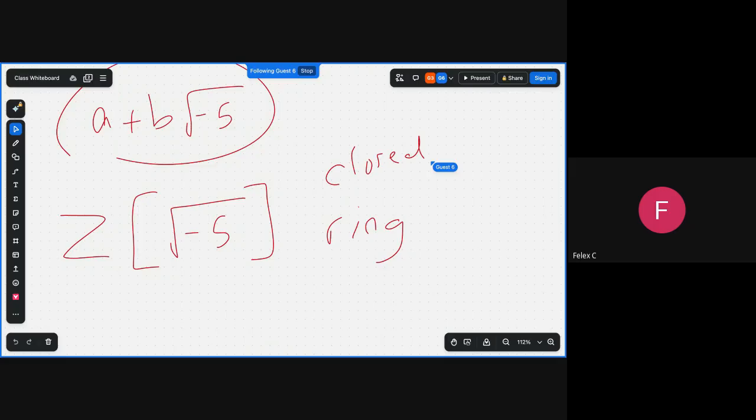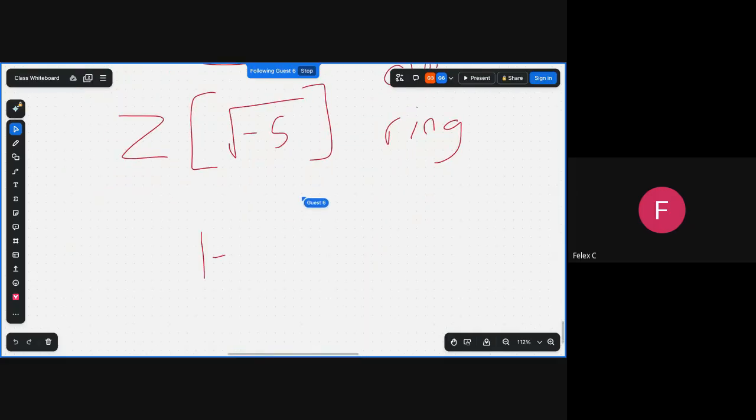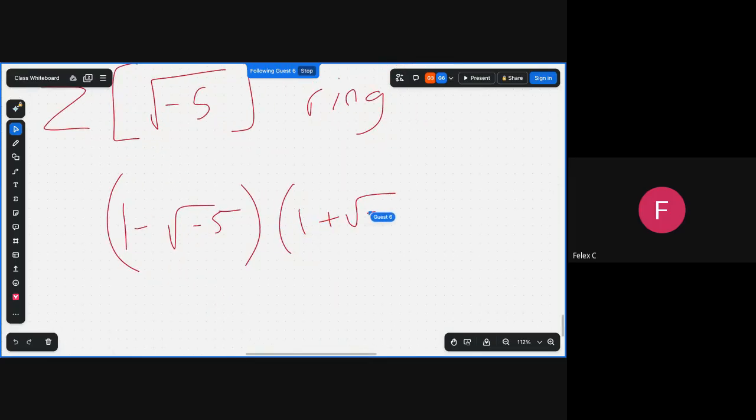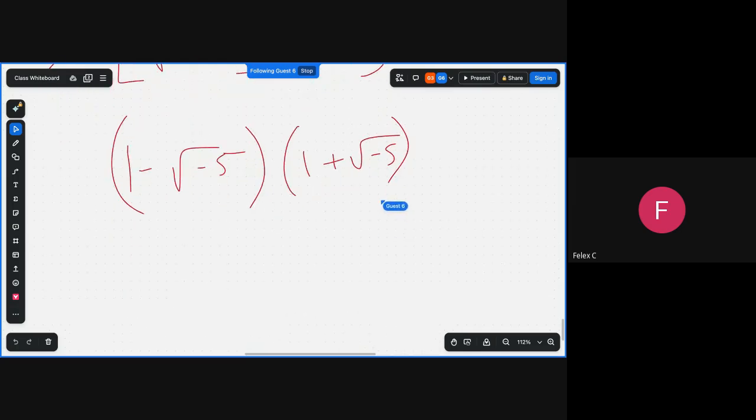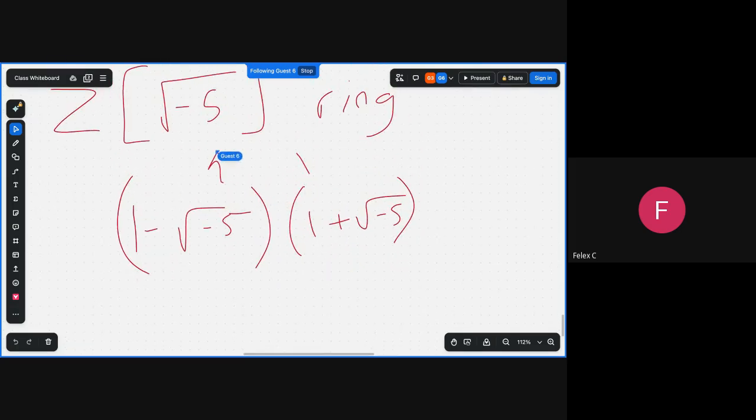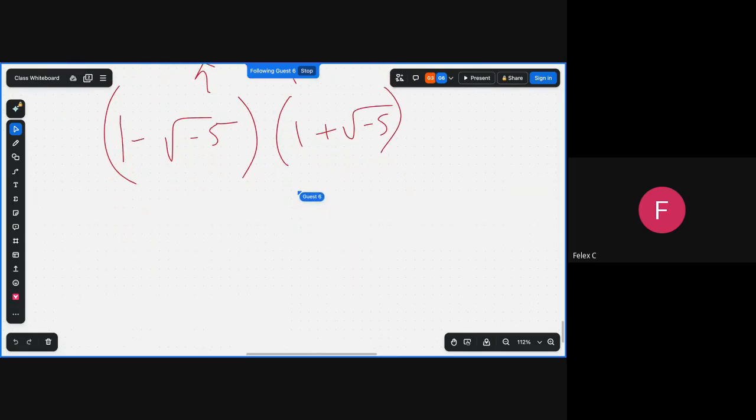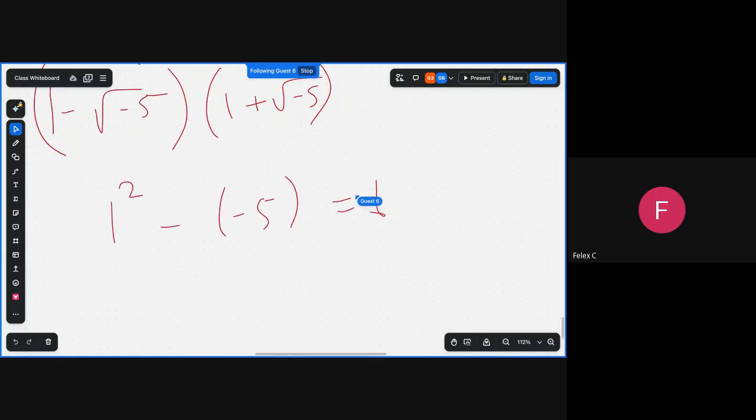Okay. Now suddenly, 1 minus square root -5 and 1 plus square root -5, which are both inside of this ring or this set, multiply to be 1 squared minus -5, which is equal to 6.